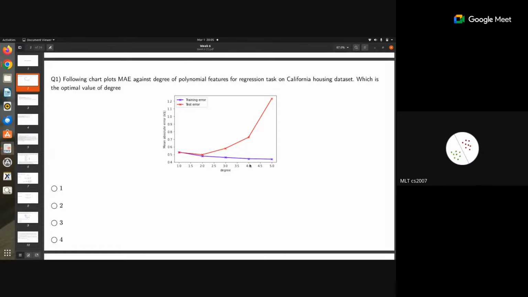On the x-axis you have degree, and on the y-axis you have mean absolute error. The blue curve shows the training error, and the red curve shows the test error. You will have to answer which is the polynomial degree by looking at this graph. What is the relation between train error and test error here?